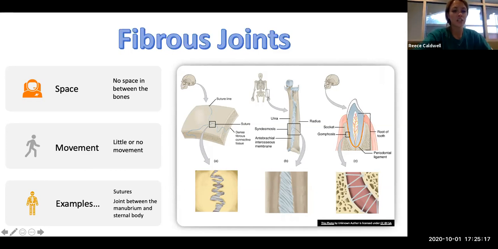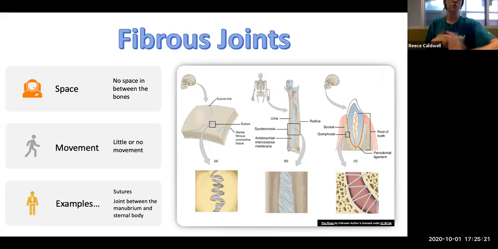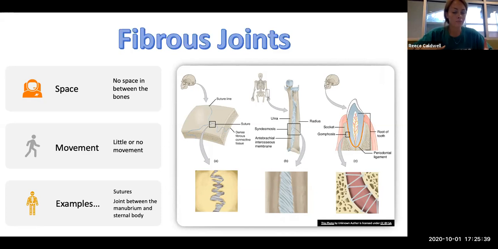We also see it at the joint between the manubrium and the sternal body. If you remember, the sternum is our chest plate bone, the one right here in our chest, and the manubrium is the upper portion of it. Between the manubrium and the body, there is a suture that provides little or no movement, but that's for cases like high impact to the chest, if an airbag hits you, or if you get tackled in the chest.